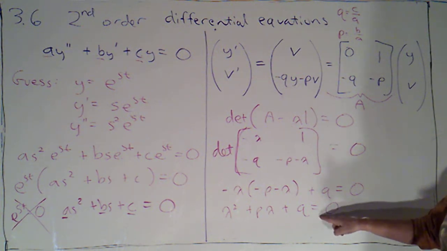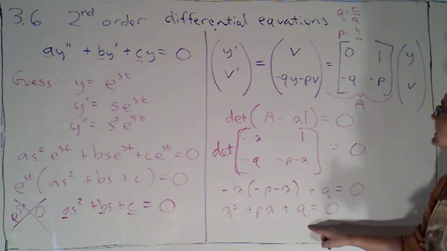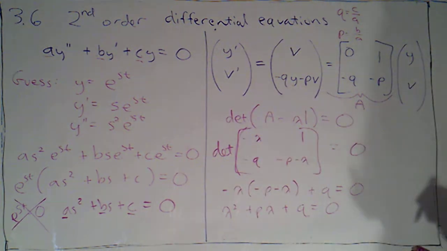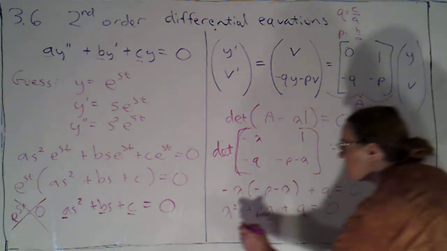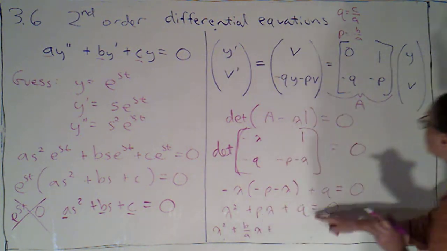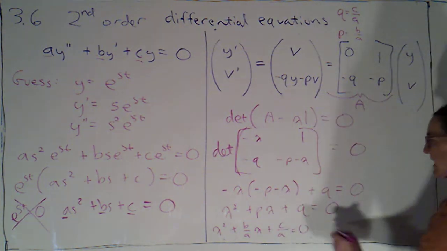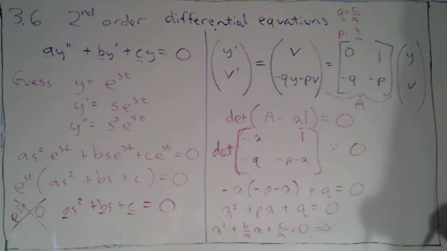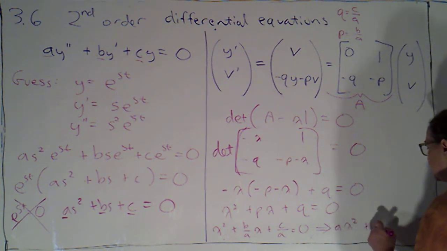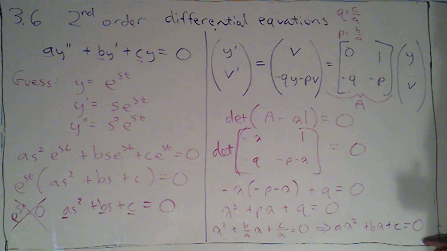All right, now I've got this relationship between p and q, the coefficients that are showing up here, and a, b, and c, the coefficients that are showing up here. So let's see if we can compare these things. If p was just b over a, this is lambda squared plus b over a lambda, plus q, which we had said was c over a, is equal to 0. Now if I multiply through by a, I'm going to get a times lambda squared plus b times lambda plus c is equal to 0.